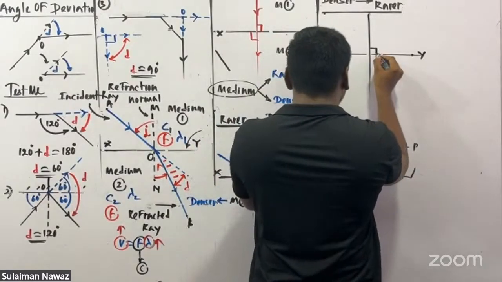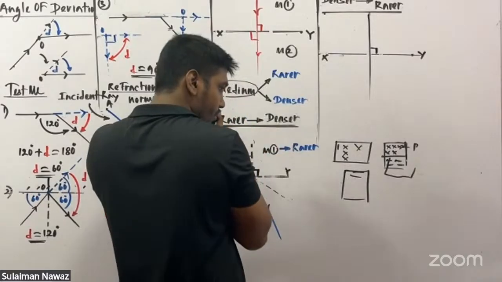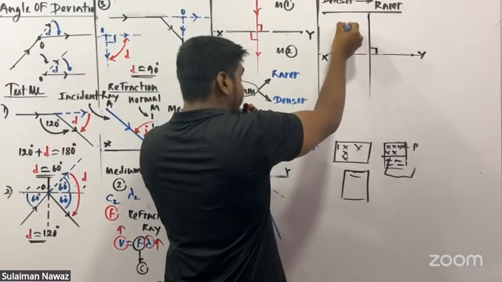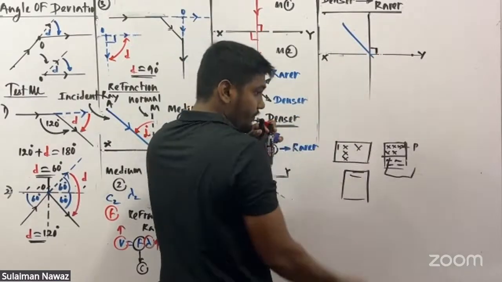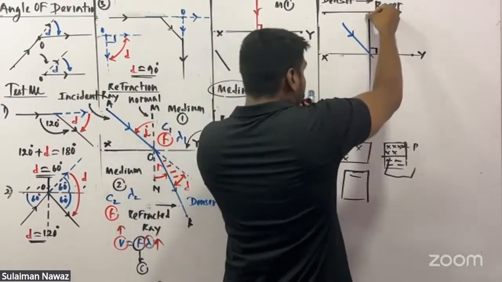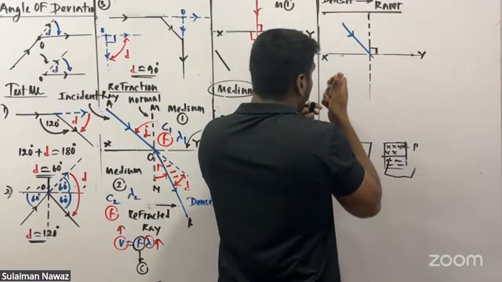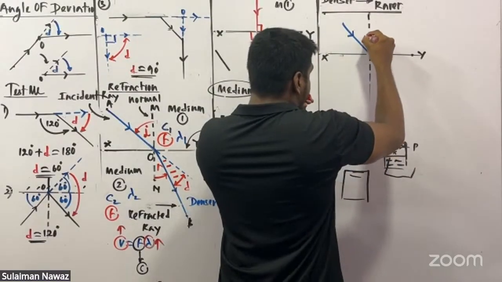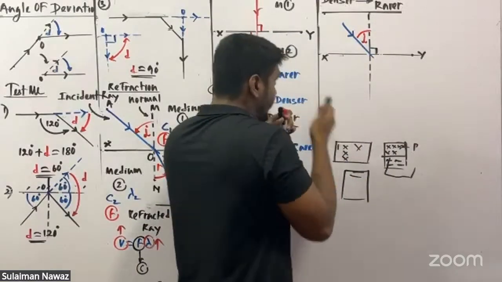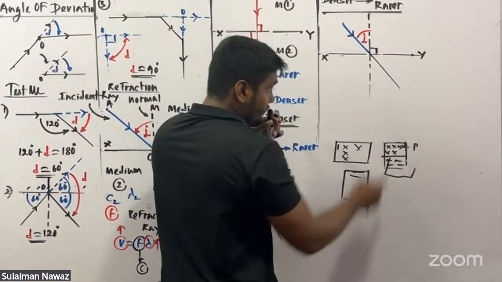If I draw the incident ray, this is the incident ray. The angle measured from the normal to the incident ray is the incident angle i. If there were no medium 2, the path of the light ray would be in this direction.